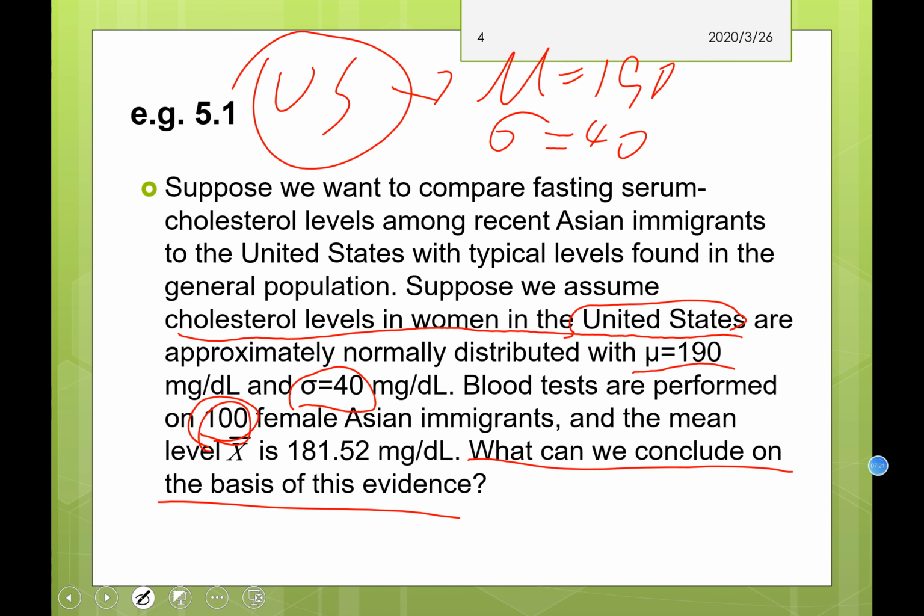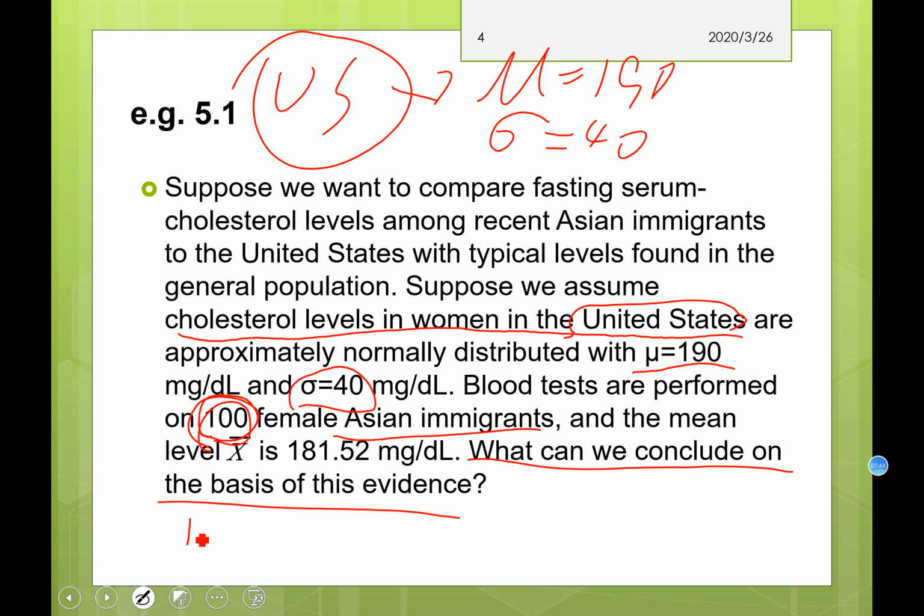Yes, so what is the sample here? Is that the sample of the United States? Of course not, right? We find that the sample is from the Asian immigrants, the female Asian immigrants, right? And the number of persons in that sample is equal to 100.